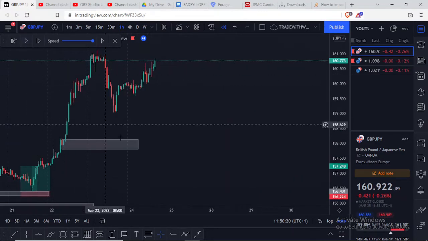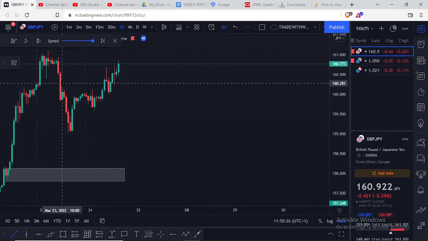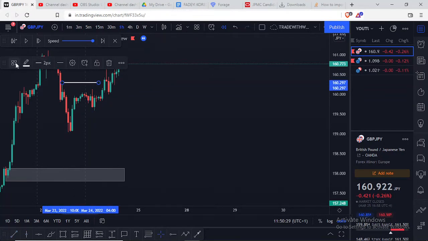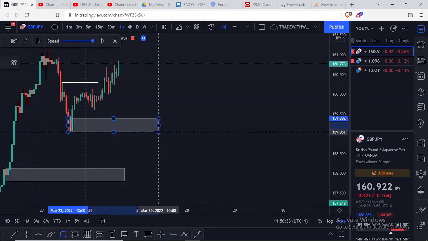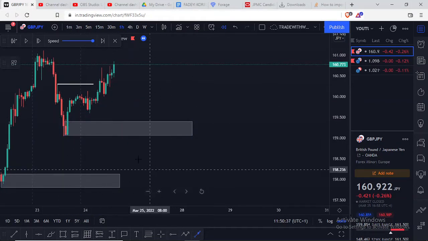And since then, we have a break of structure here also. Beautiful BOS, and our demand zone should be here. There's nice imbalance into that zone.